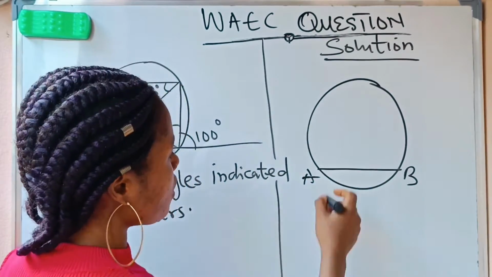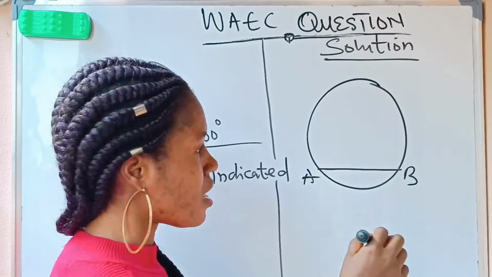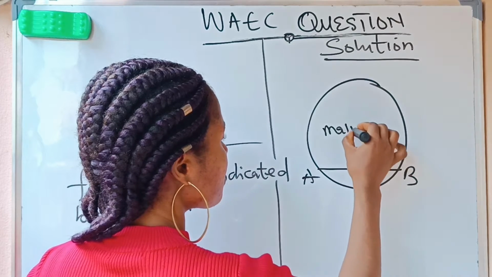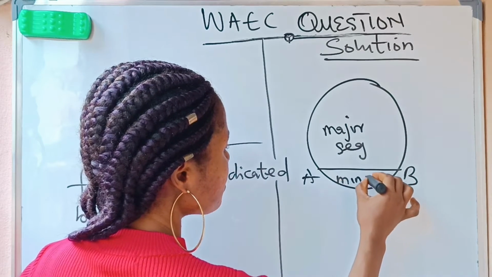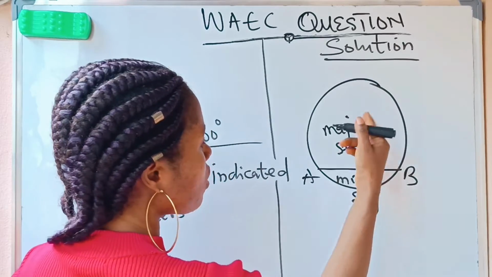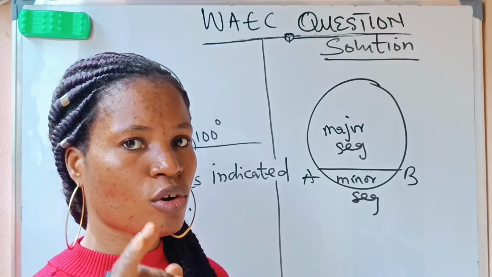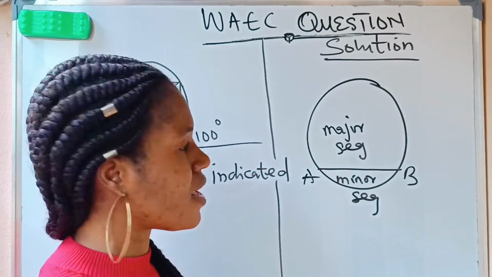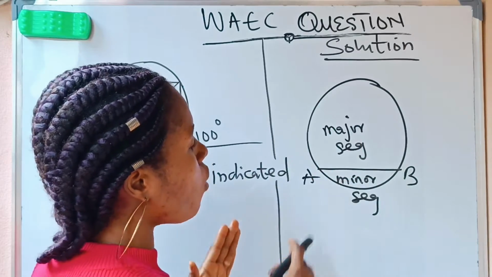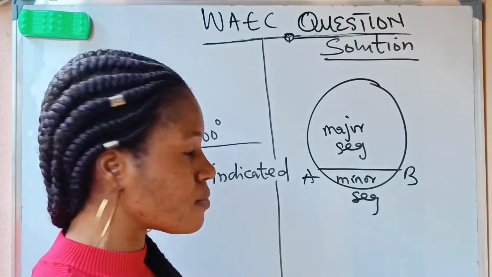We have two segments: the major segment, the big one, and the minor segment. All the angles on the major segment, or on any segment, are equal once they are in the same segment.